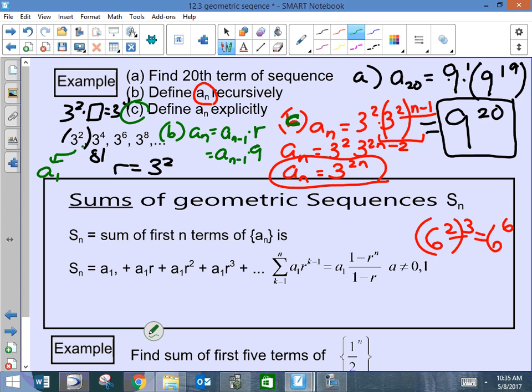We'll just do a 9. Okay, is there anything else we can do? Not if we're going to keep the n. We got to keep the n for recursive. Recursive is just using the a sub n minus 1 and a sub n. That's right, right? Yeah, so we'll multiply by 9.